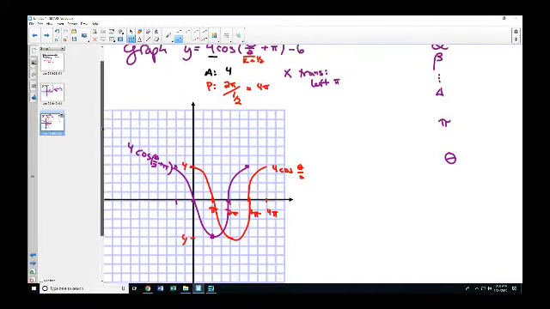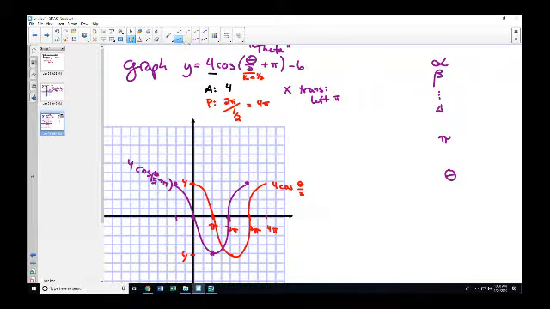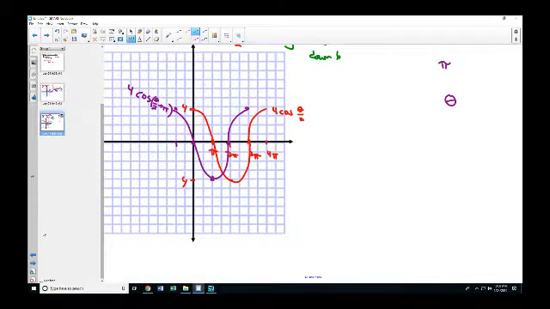And then what's our y translation? Your y translation is down 6. So now move down 6. There is your function.